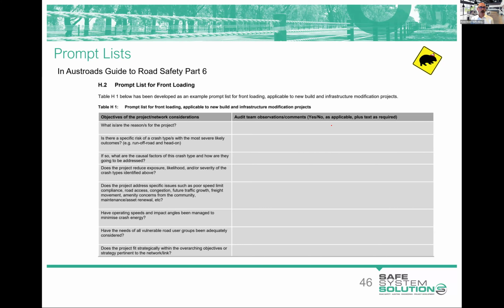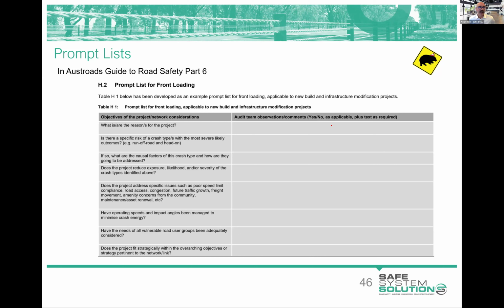Now, the prompt lists start with what they call a front-loading list. So table H1 is just general questions about the project. It helps you gather context. So when you're meeting with your client, you're undertaking this audit, you could be asking them these questions. They help prompt you to think about all sorts of things around, is there any information they have around risks? Why are they doing this project? What are their objectives?